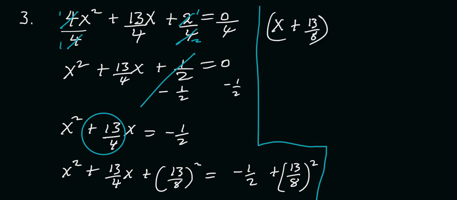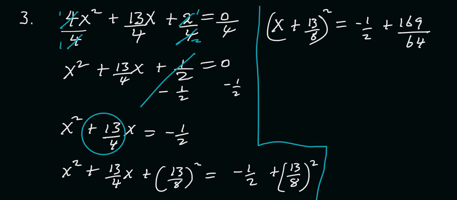So just square this, and this is equal to negative 1 half, plus 169. 13 squared is 169, over 8 squared is 64, over 64.